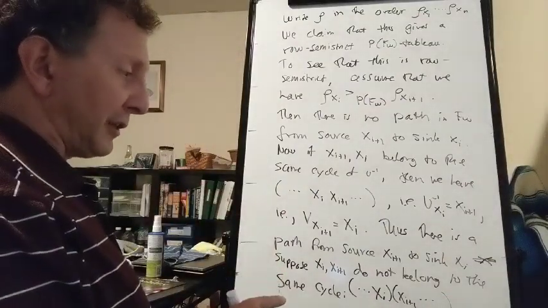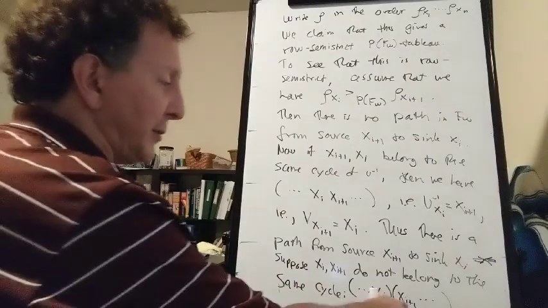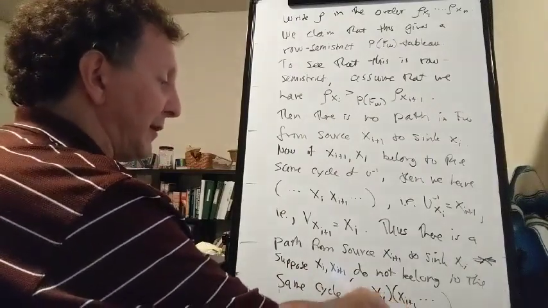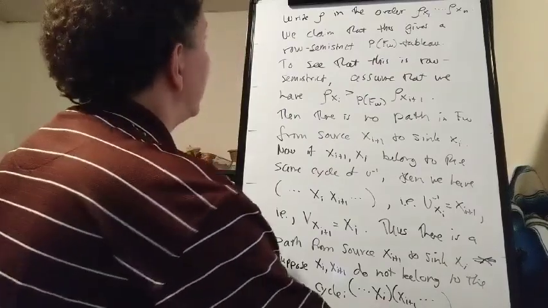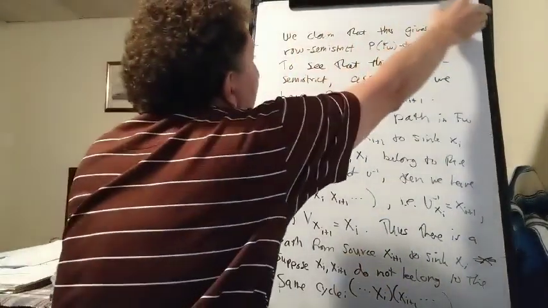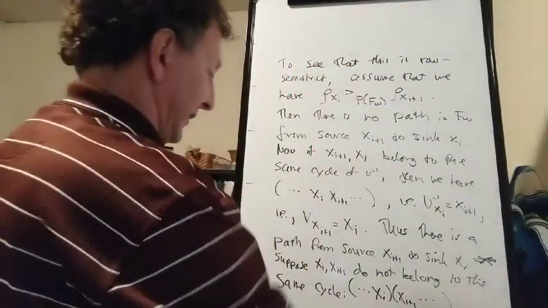But since the cycles are listed with the greatest letter first and in order of increasing greatest letter, that means that xi plus 1 is greater than everything in this cycle. So that means that xi plus 1 is greater than xi as an integer.